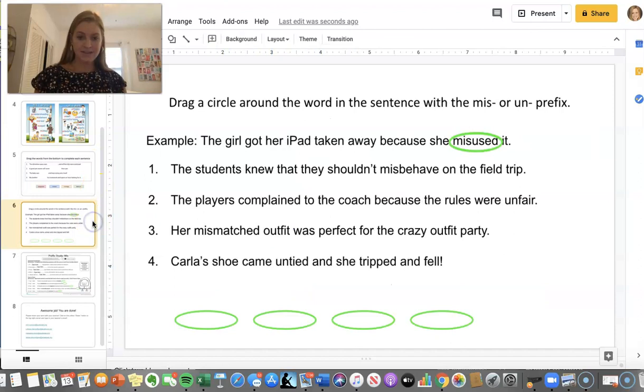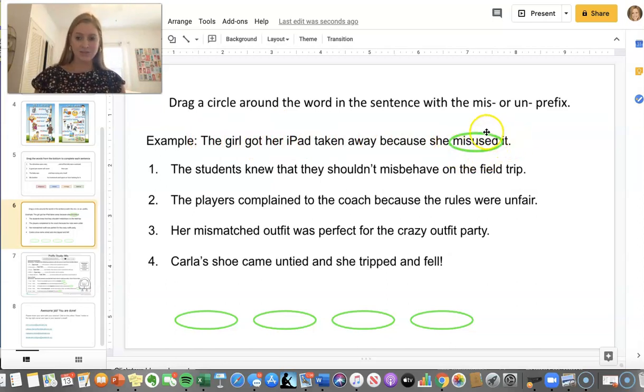And then you'll come on to this next slide and you are going to drag a circle around the word in the sentence that has the prefix in it. So you're going to read the sentence and look for the word that has either the miss or the un prefix. So here's our example. The girl got her iPad taken away because she misused it.